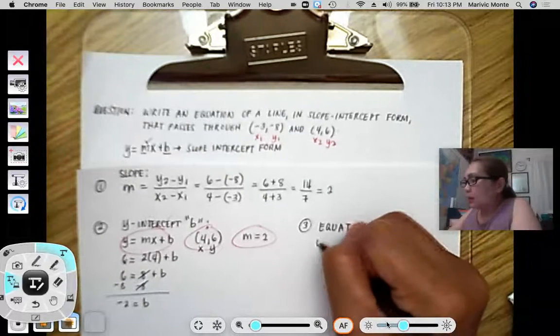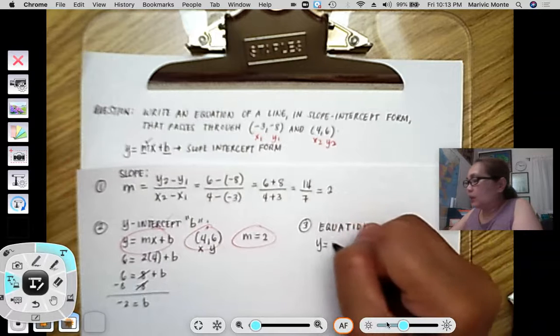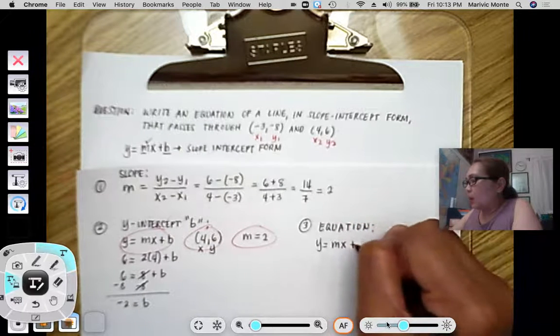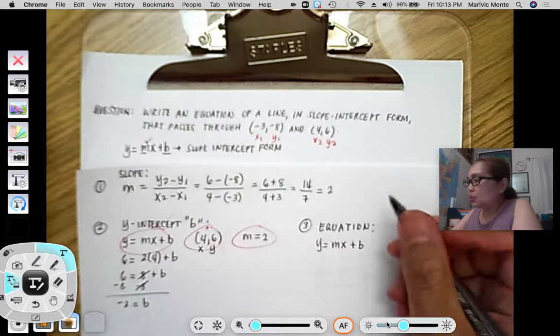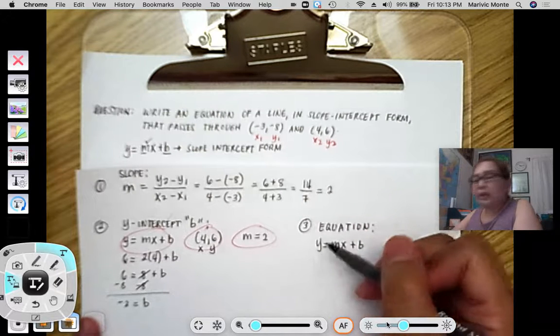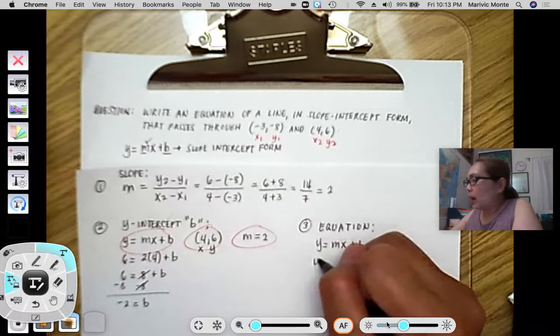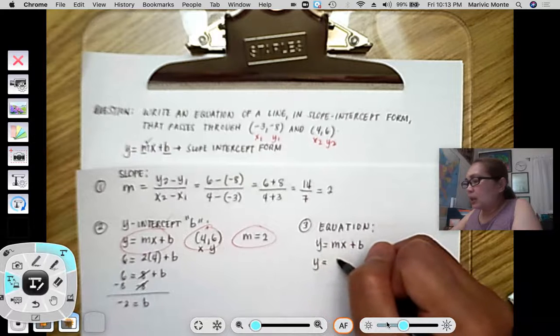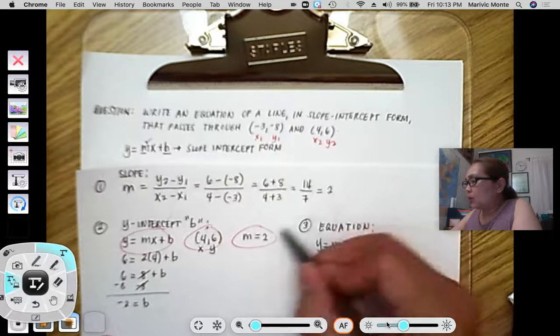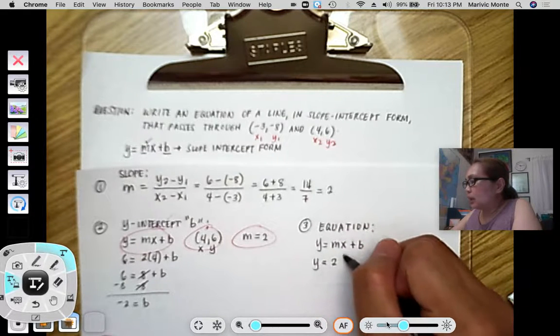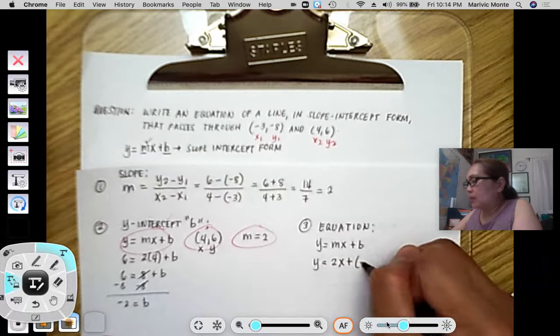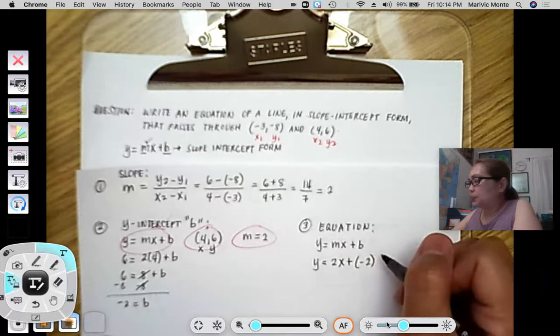So again, same formula, slope-intercept form, but this time, all I need is to substitute the slope and y-intercept. I will copy y. I will put in now the value of my slope, 2, and copy x, and then plus my y-intercept, which is -2.